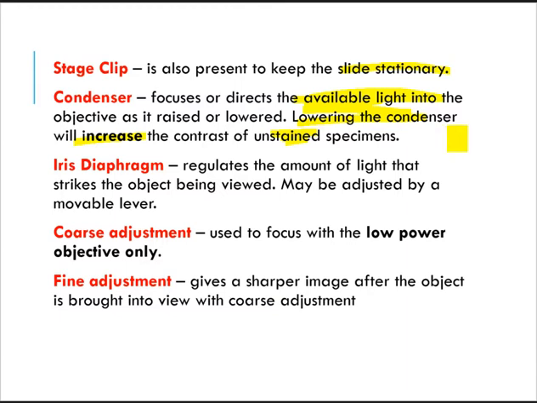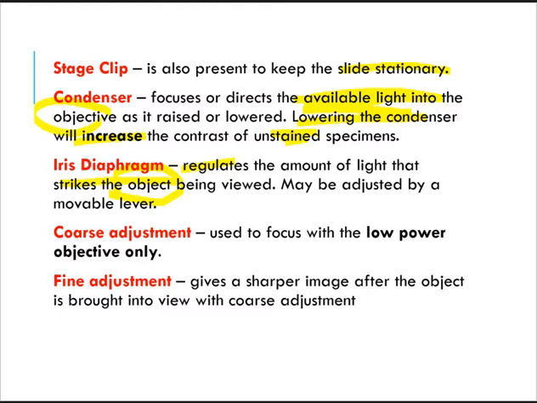Next is your iris diaphragm. It regulates the amount of light that strikes the object being viewed. So the condenser talks about the objective, while the iris diaphragm talks about the object. It can be adjusted by a movable lever.